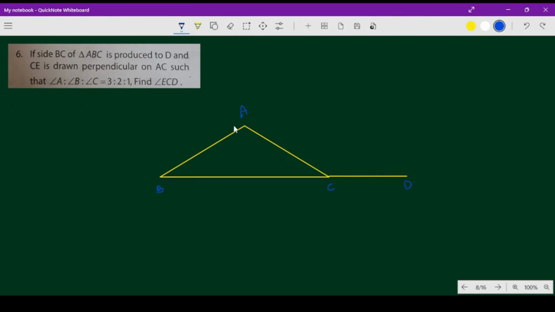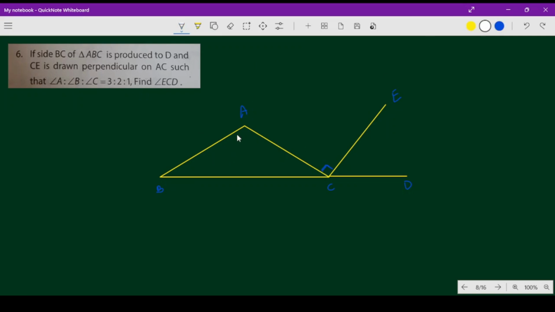Now on AC side, a perpendicular is drawn, which is CE. So if we draw a perpendicular over here, this is perpendicular CE. Now it means this is 90 degree, right?